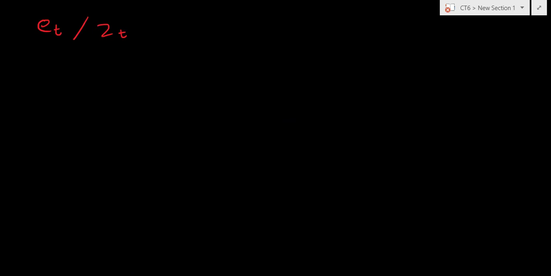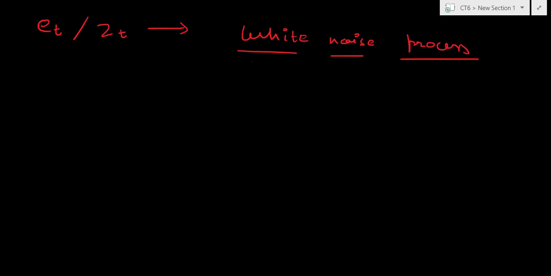The next thing is that throughout this chapter, you will notice the terms et and zt being used. They are used interchangeably and mean the same thing. They are used to denote a white noise process. If you have studied subject CM2 or subject CT8, you will know that a white noise process is nothing but randomness, randomness in any system that cannot be predicted.